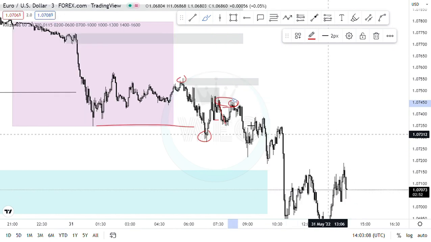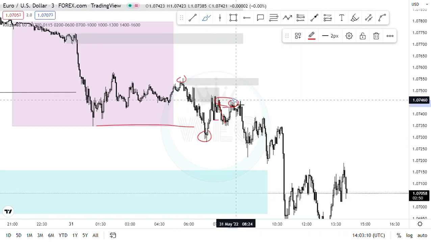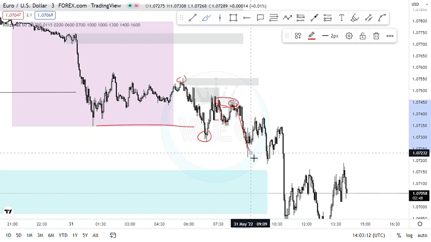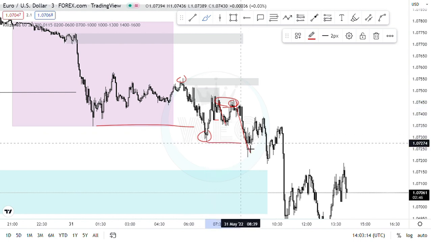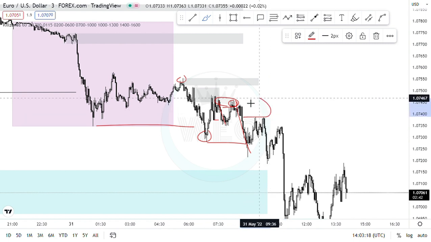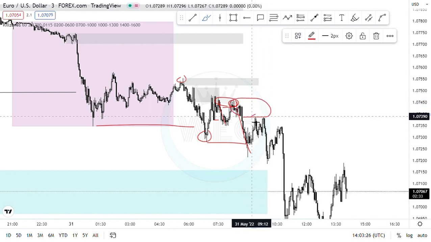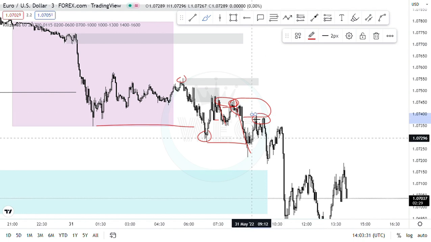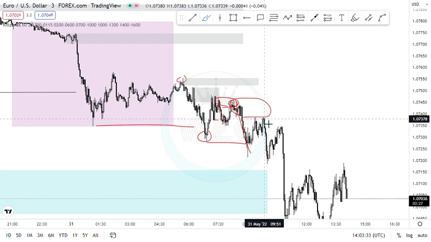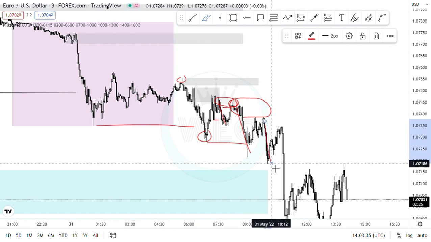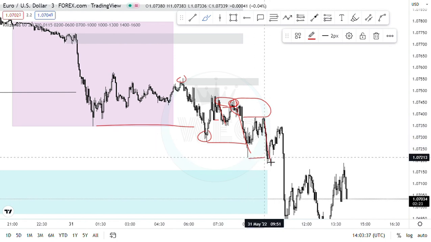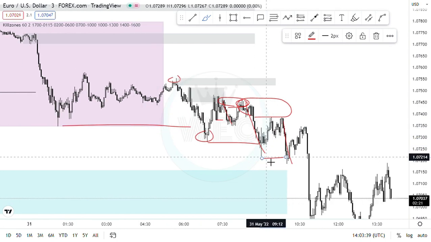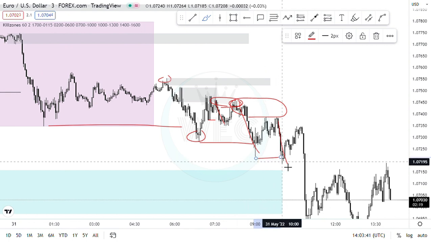After that, we can see that price made another break of structure to the downside right here. I didn't get any trade over here, but you can still check if there were any confirmations to sell. You can check that on the 1-minute time frame. Then price made another follow-through break of structure on the 5-minute, and price retraced.